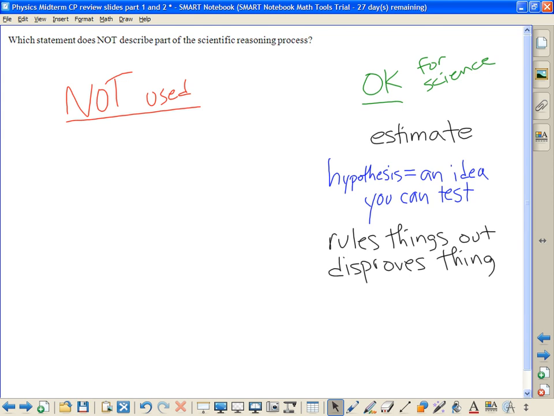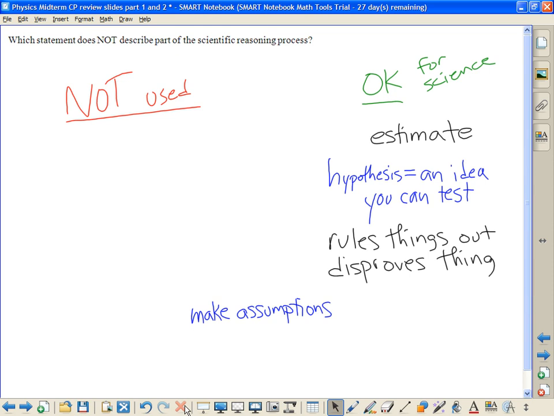Now let's throw some things out that people do when they're reasoning non-scientifically. Does a scientist make assumptions? Like, I'll assume that the force of friction is small enough to ignore.